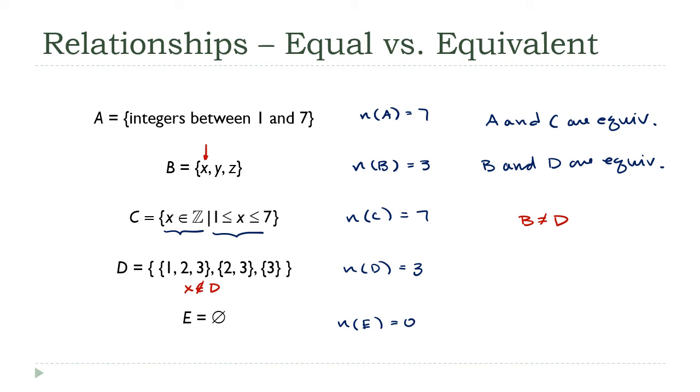Well, A is the numbers 1, 2, 3 up to 7. And C is also the numbers 1, 2, 3 up to 7. So not only do they have the same size, they have exactly the same list of elements, right? Which means A and C are equal. You notice I use the equal and not equal symbols. We're not going to try to invent some new symbol for it. We're going to use the same symbols you're used to for those ideas.